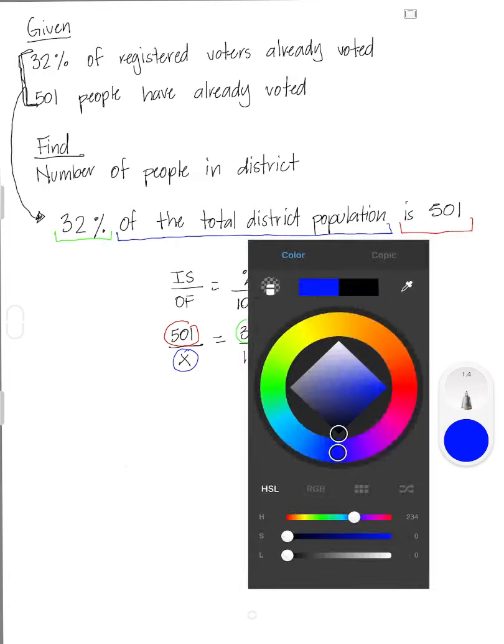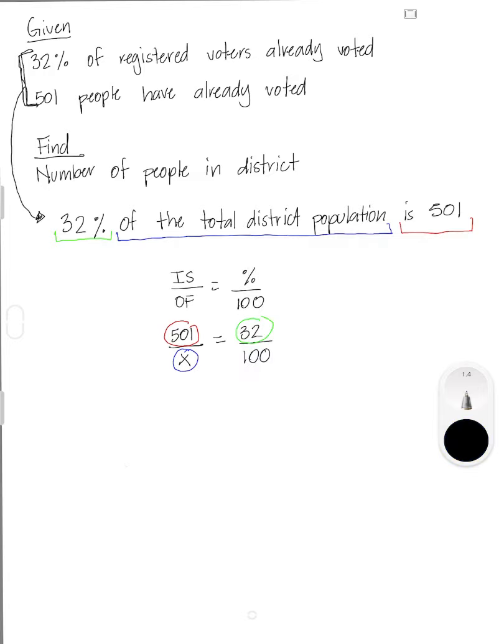And from here, we can go ahead and multiply the two values that we have across. So 501 times 100, and then divide by 32. So then x equals 501 times 100, and then divided by 32.